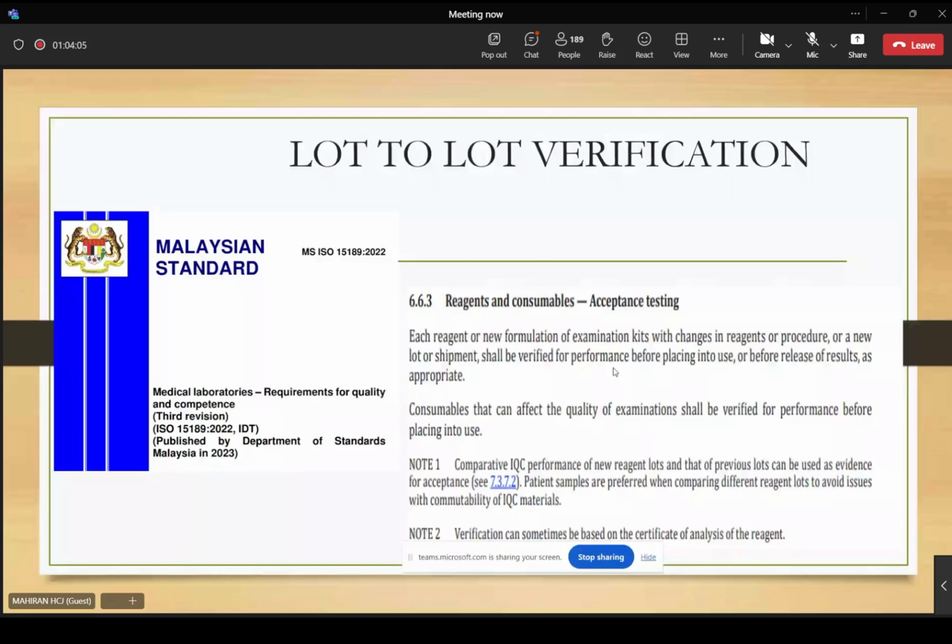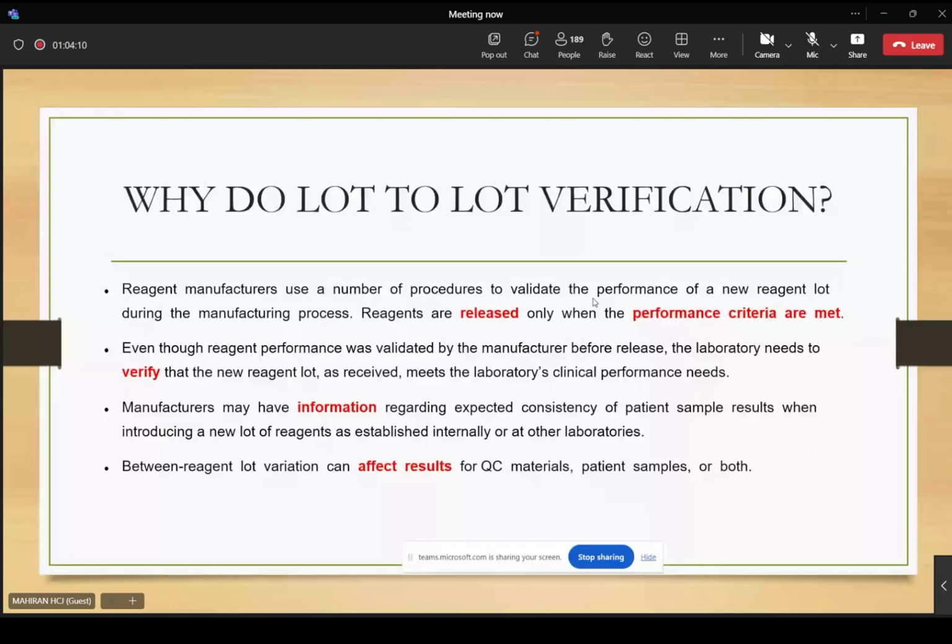So pentinglah untuk kita buat lot to lot. Sebabnya sebelum release untuk performance criteria tu kena met lah. So untuk verify new lot reagent, lepas tu all information semua sama lah. Semua kita dah verified sebelum digunakan.